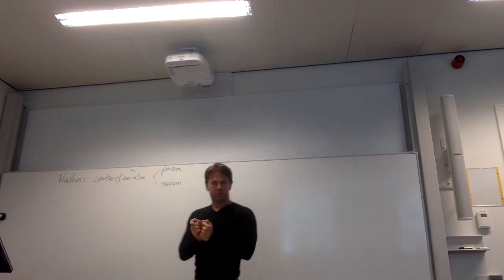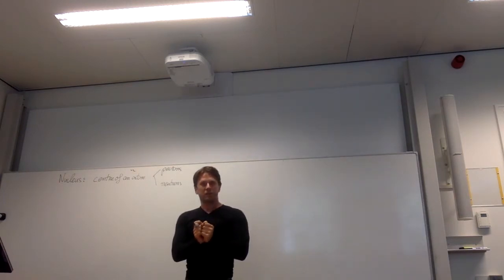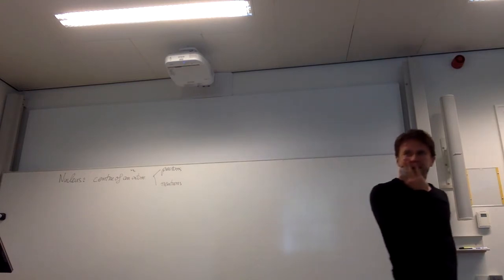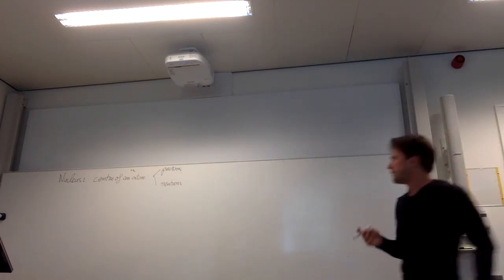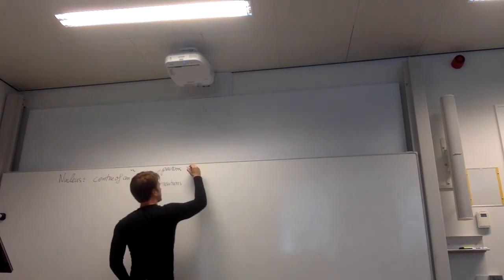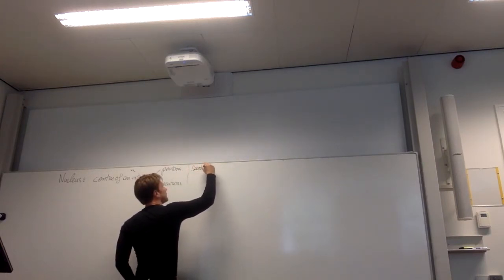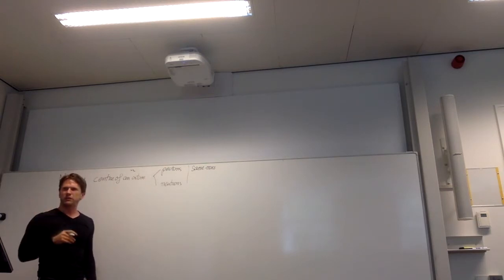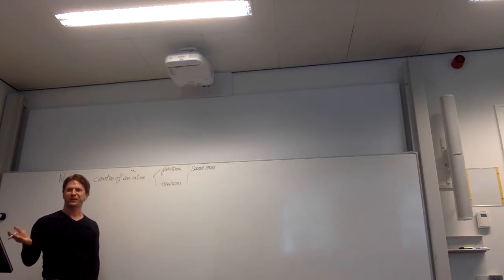But from another point of view, they have almost exactly the same properties, because they have the same mass up to a very small percentage difference, and they have all the other properties exactly the same. Just out of curiosity, does anyone know what the mass is? Plus, minus? Just order of magnitude?